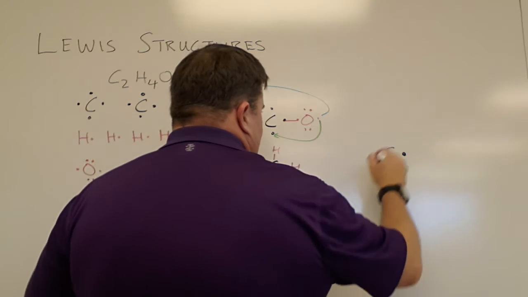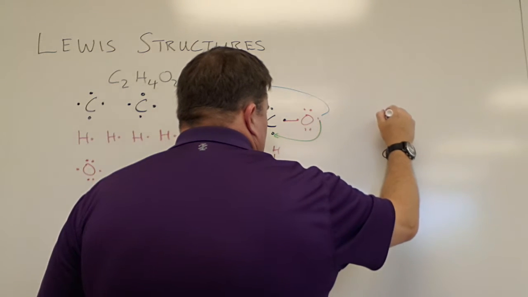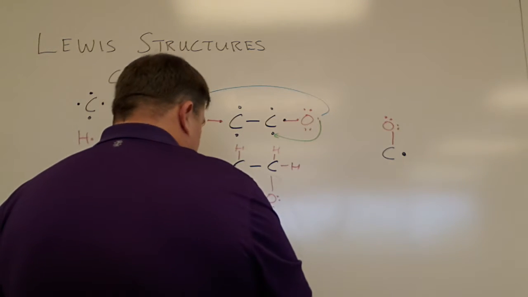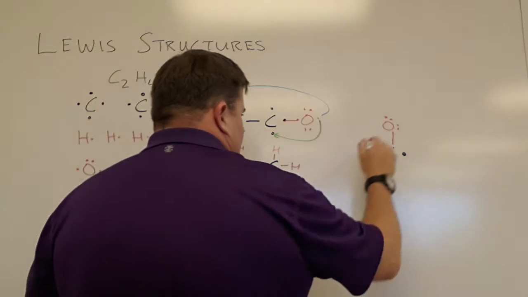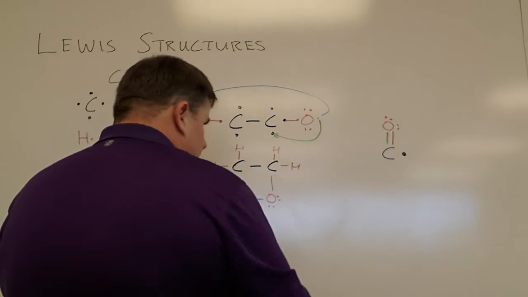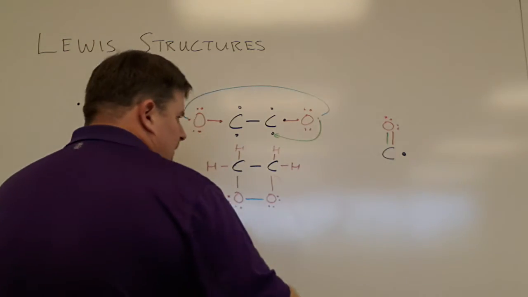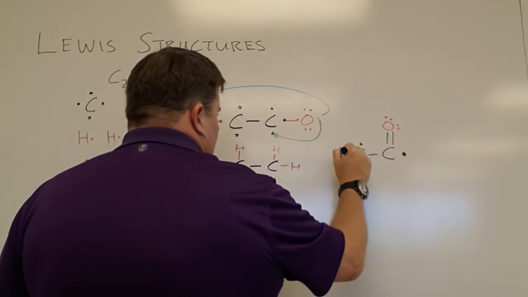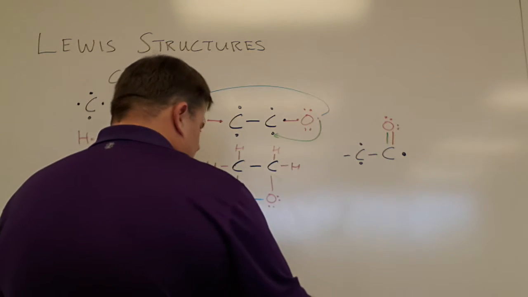I've got that one bond to oxygen, okay, and the other bond that got drawn here is this one, okay. I've got a bond to carbon and a bond to oxygen.